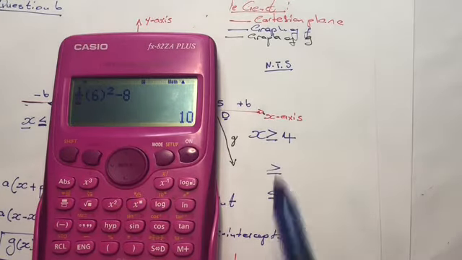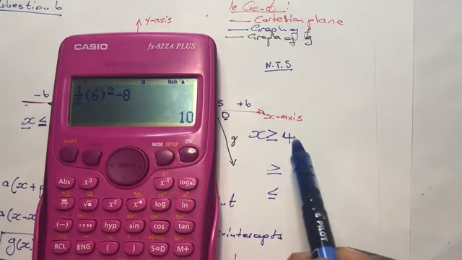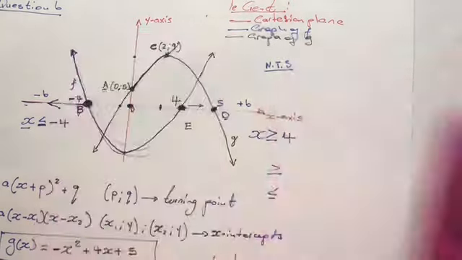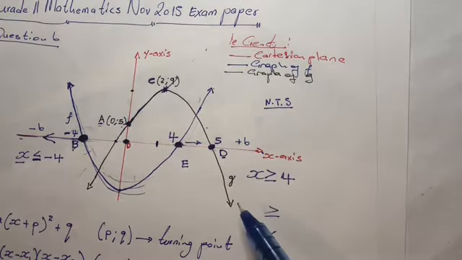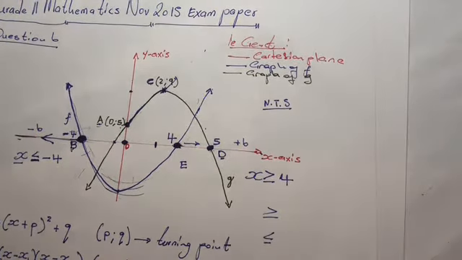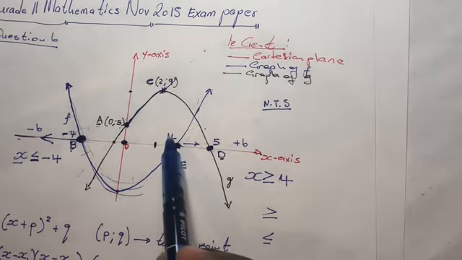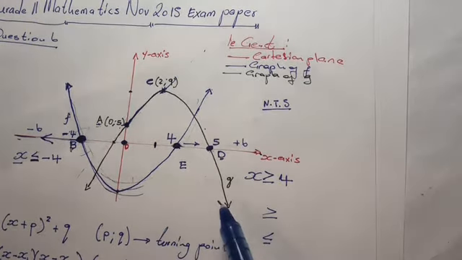So that means where x is greater or equals to 4, that's where the graph of f is greater or equals to 0. Remember that or equal to 0, it means this 4 is included as part of the answer. That means if you substitute 4 on the formula, you should get a 0.